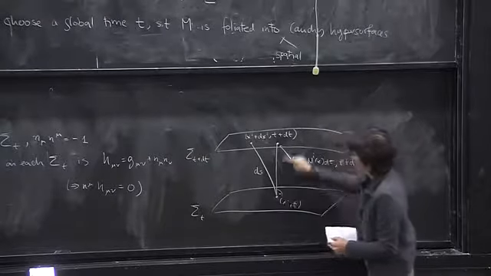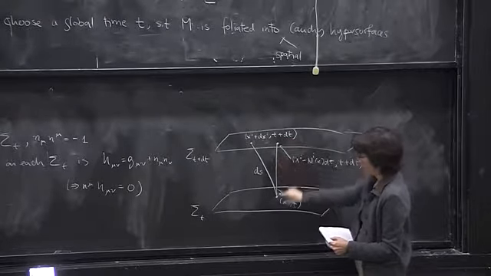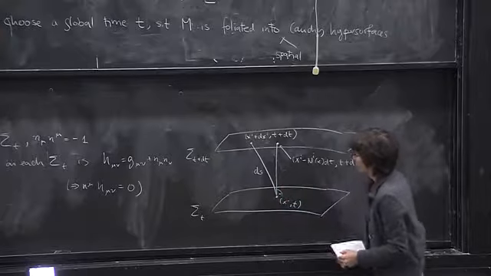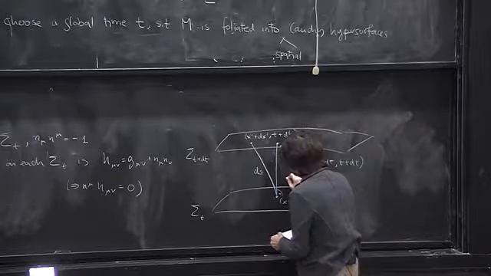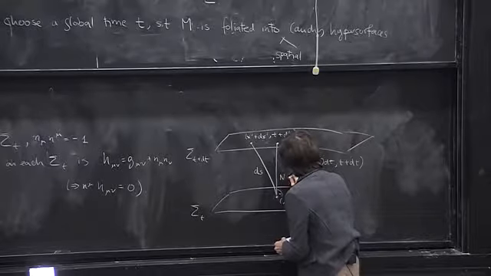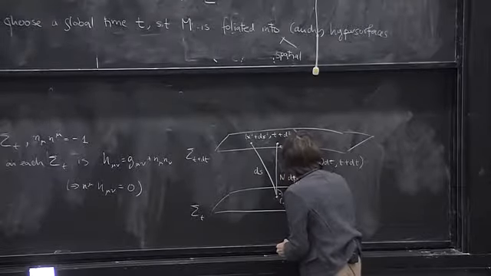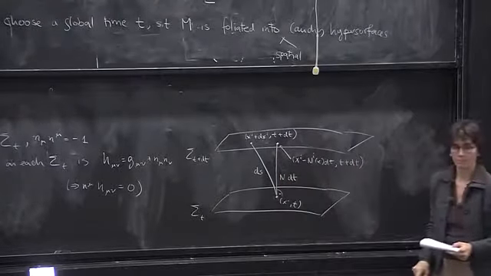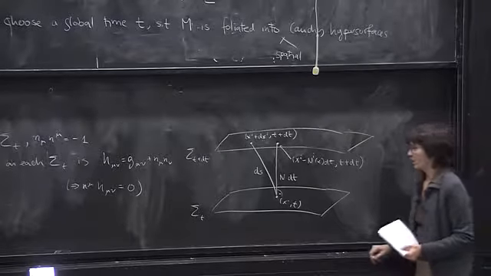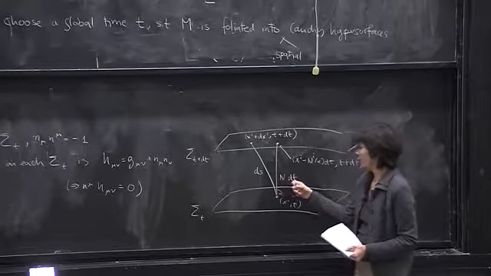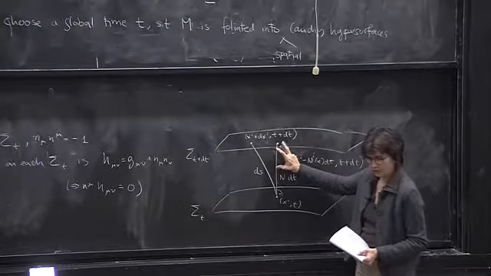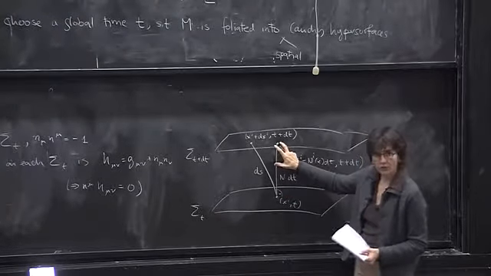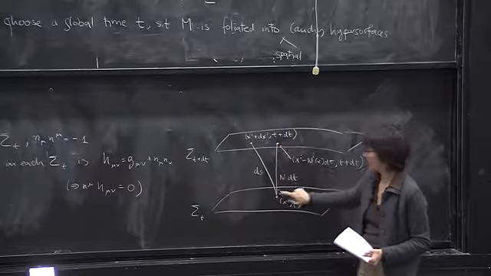Now, the length of this is some multiple of dt. And this multiple I'm calling capital N. Now, N times dt is, by definition, the geodesic distance between this and that point.